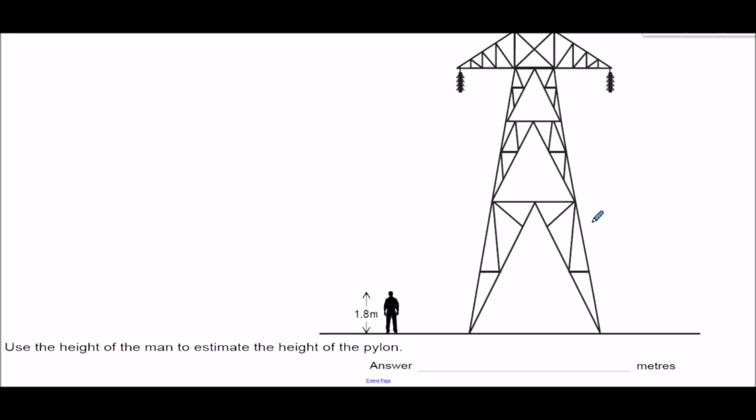So what we need to do is think how many times bigger is the pylon compared to the man. But the question does say estimate, so don't stress it too much. Having said that, do measure as accurately as you can.